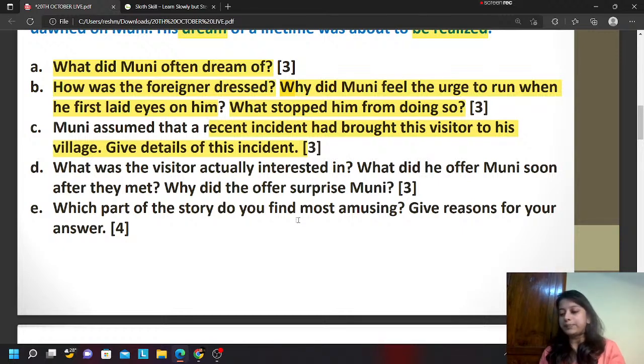So something had happened. There was some incident for which Muni was afraid that something was wrong, and that is why the policeman had come here. What do you think was wrong over here?